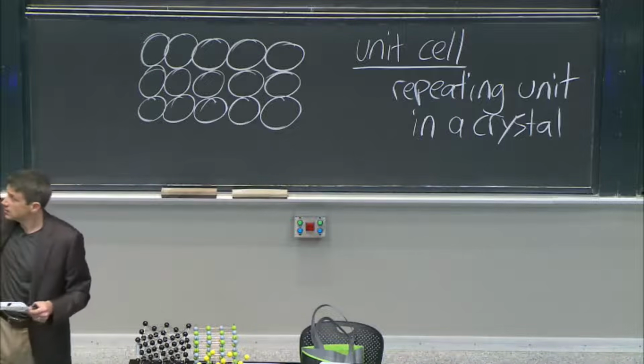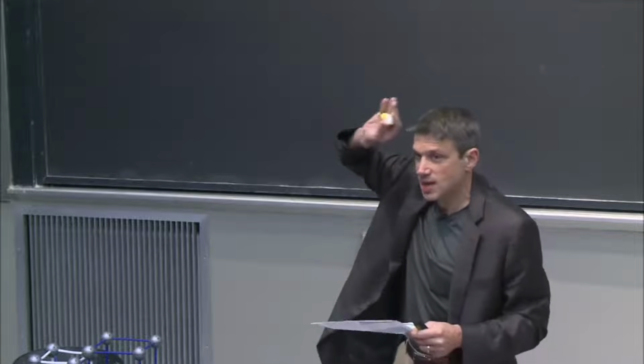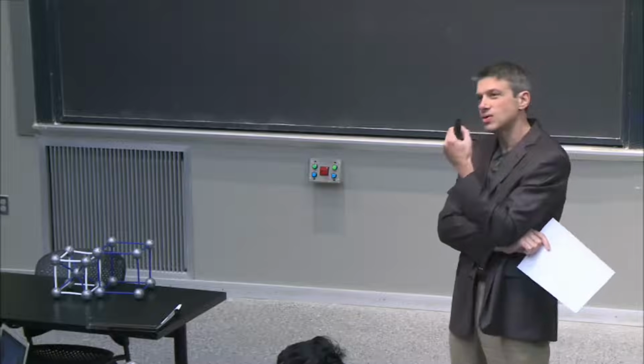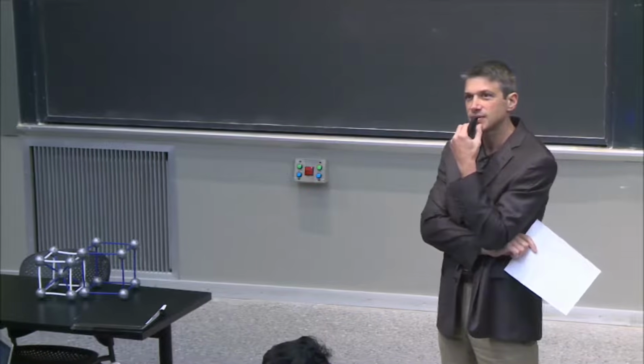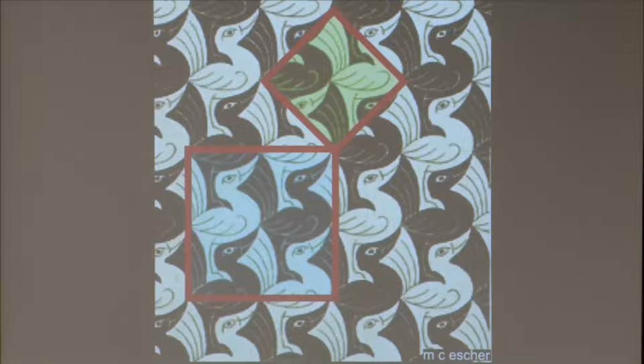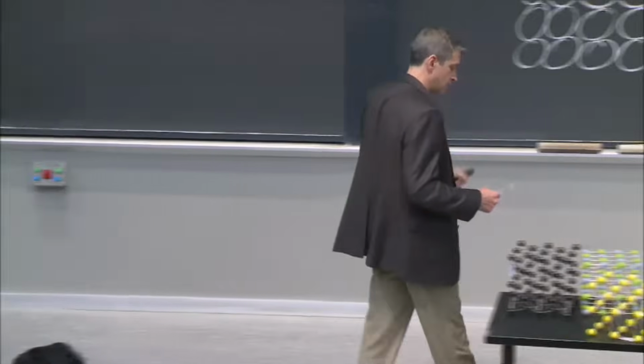There's one way that I could repeat this and make the picture by repeating it everywhere. But check this out, I could have done that. If you stare at that, you can see that that is also a repeating unit. If I take this and move it down here, I get exactly the same thing, and I move it over there, and I can tile all of space.